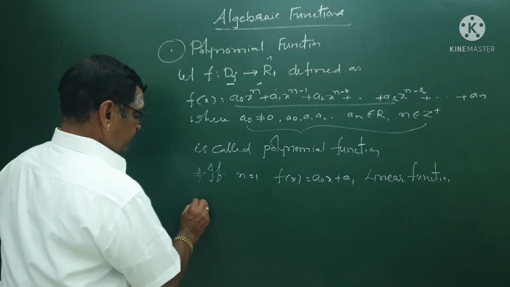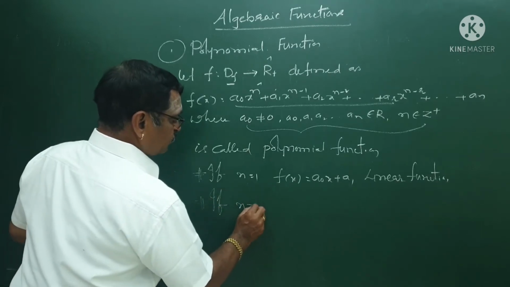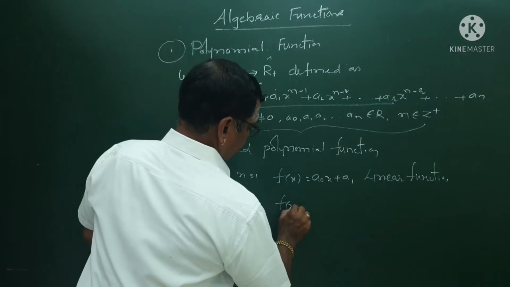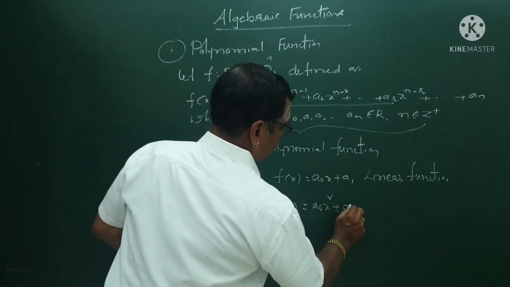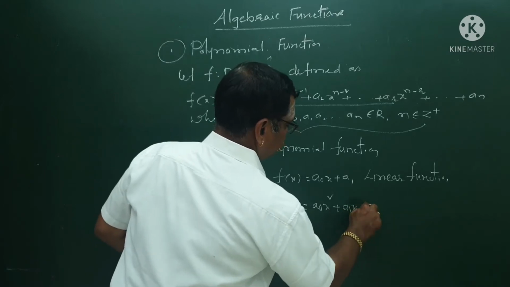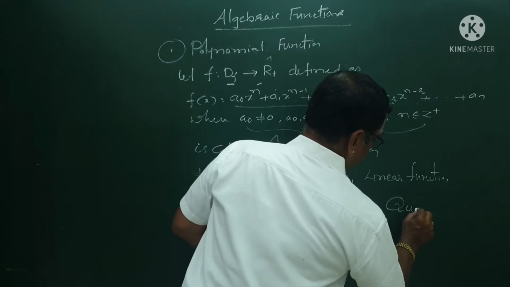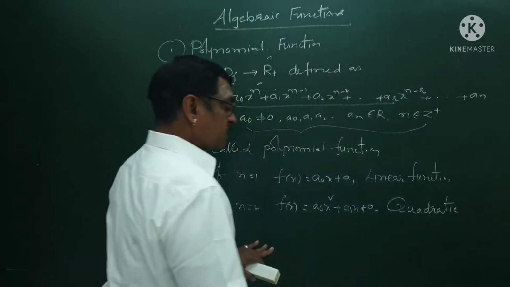Number 2, if n is equal to 2, we have f of x is equal to a naught x square plus a1 x plus a2, the well known quadratic function.